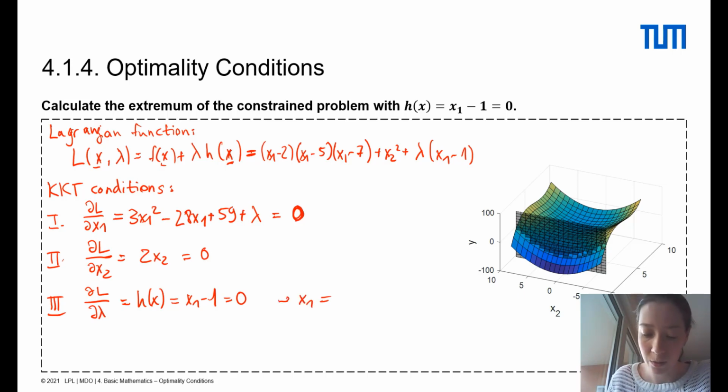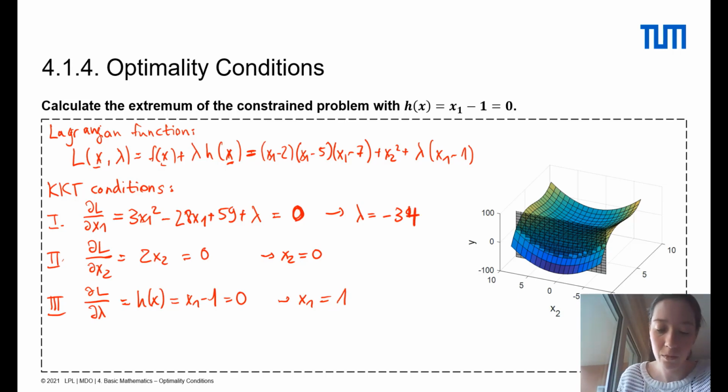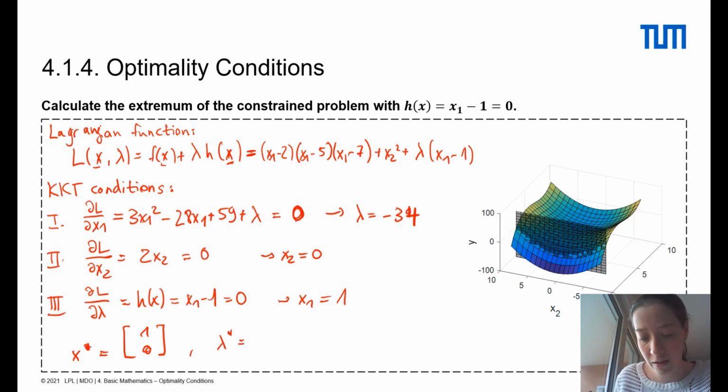So we have x1 equals 1, x2 equals 0, and we can plug that in here and get lambda equals minus 34. So our extremum here is x star at 1, 0, and also lambda star equals minus 34.